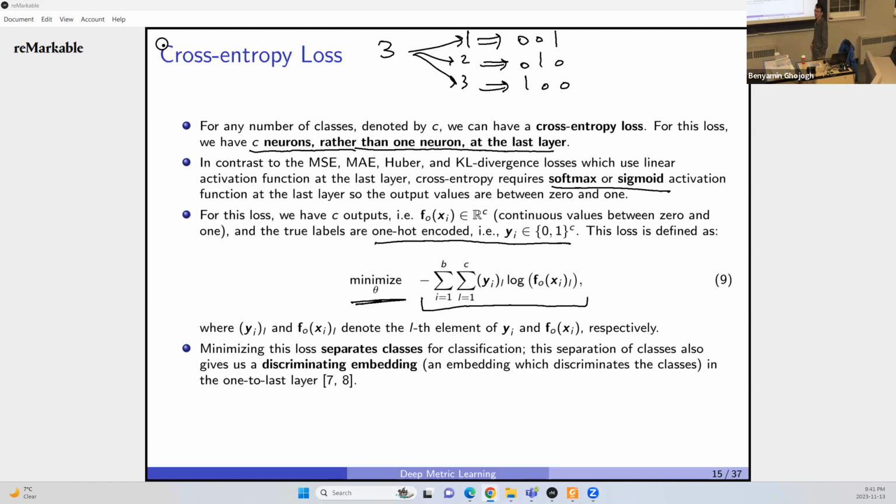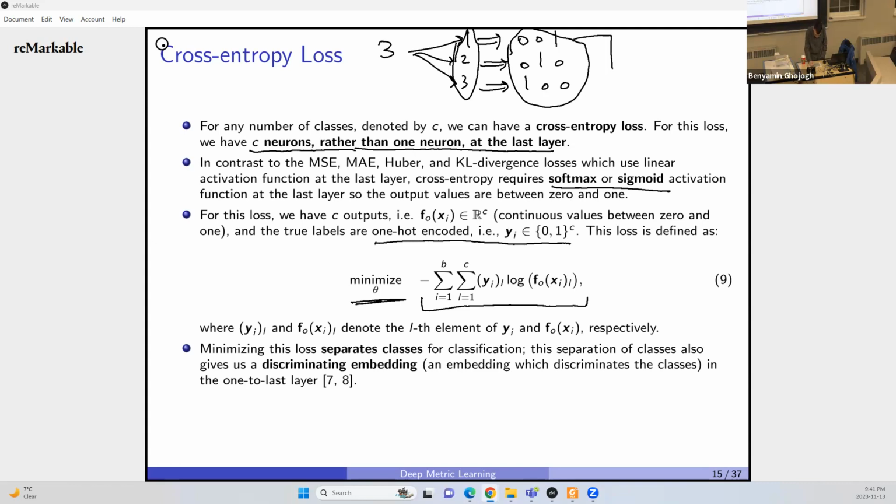Why is it useful? Rather than using these labels, why is it useful to use one hot encoding? Because there is a flaw with the integer labels 1, 2, 3. Because 3 has distance 2 from 1, but 2 has distance 1 from 1. So the distances of classes in terms of labels differ. But who says that class 3 should be farther from class 1 than class 2? Who says that?